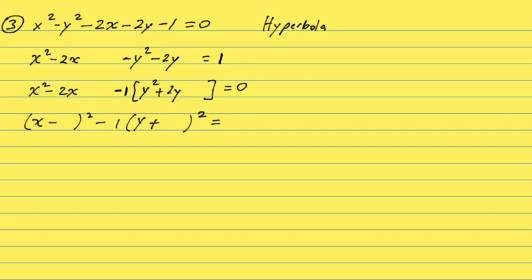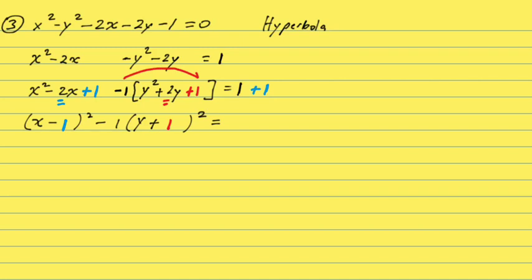Okay, let's see what we can do. I don't know why I have it equaling 0 on the right. Shouldn't it equal 1? Okay. Now we're going to complete the square. Half of 2 is 1. 1 squared is 1. If you add 1 to one side, you have to add 1 to the other side. Over here, you're going to take half of 2, which is 1. 1 squared is 1.